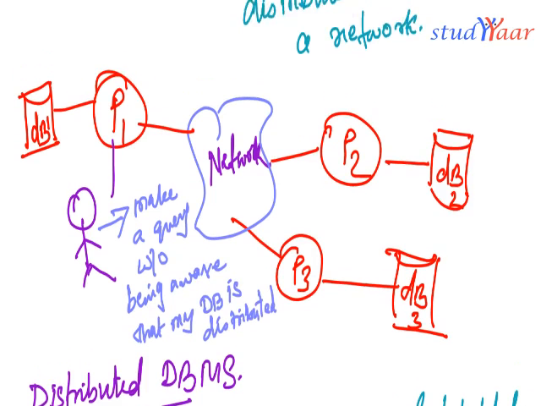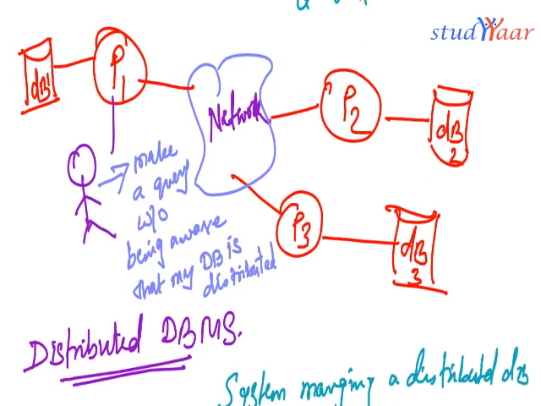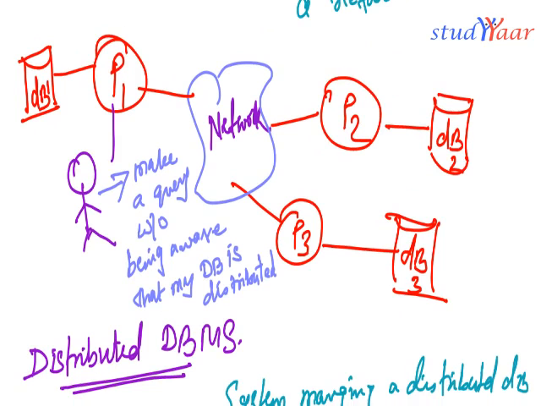I can make a query as if there is a centralized database. I am totally unaware of where my tables lie. There may be some tables at this location, and some other tables at another location that I have to reference for my query. All this is managed by the distributed database management system, and the user is totally unaware of what is happening behind the scenes.